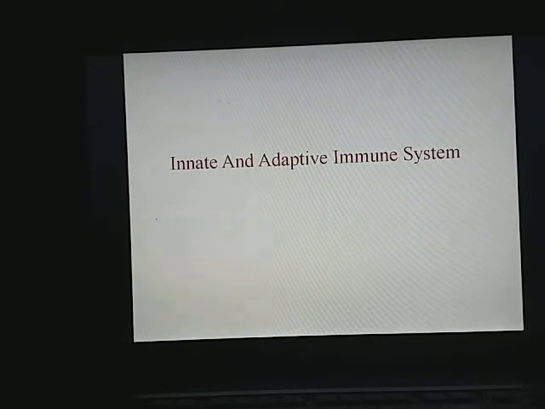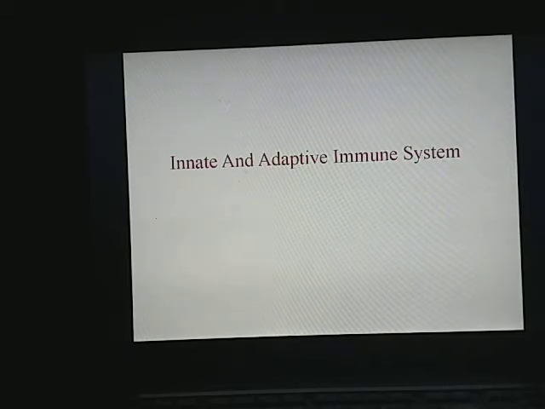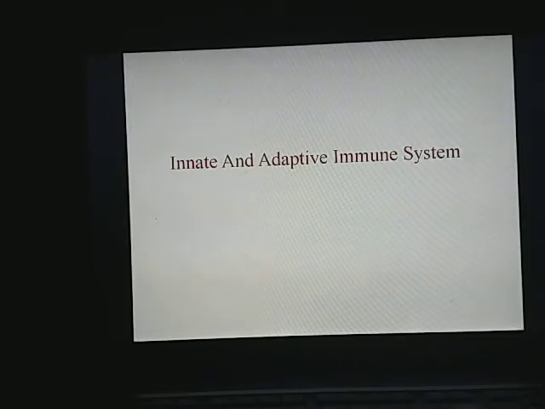Then let us see the different components of the innate and adaptive immune systems. Innate immunity is a non-specific type of immunity, where the immune response develops for each and every foreign antigen entering the body.